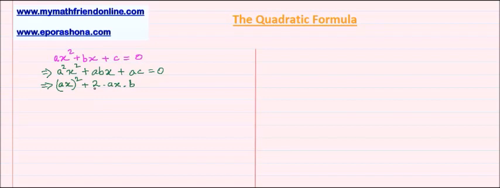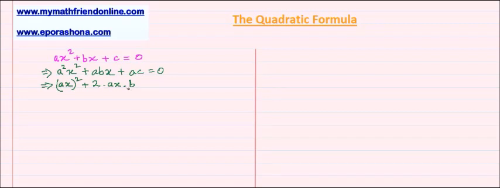Next, what to do with this 2? We are having this extra 2, which should not be. This 2 is absent over here, so it should not be present in this case as well. But we have to have a 2 in order to get the expansion of the a plus b whole square identity. So what do we do to this 2?